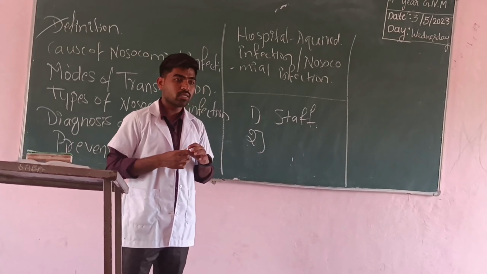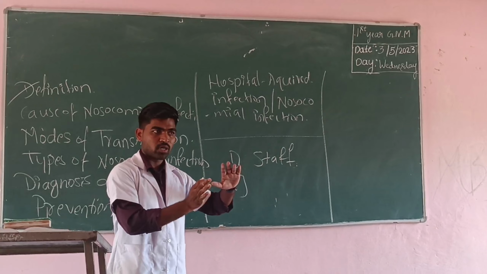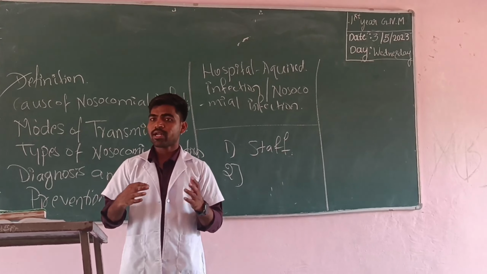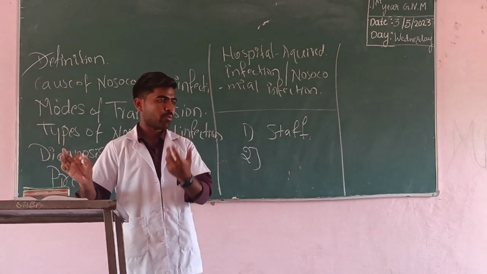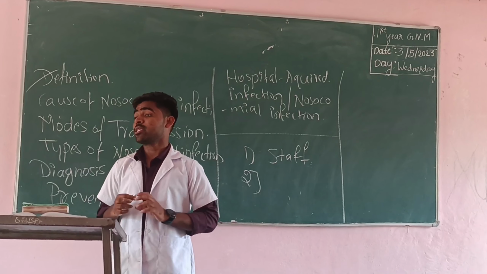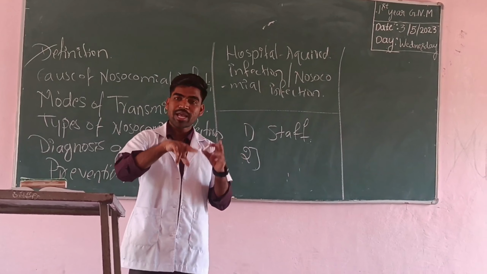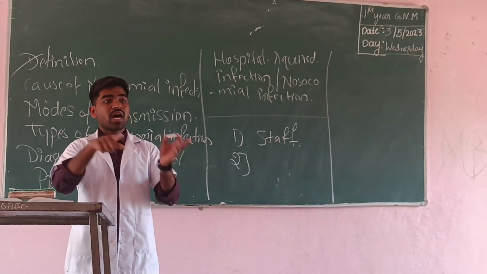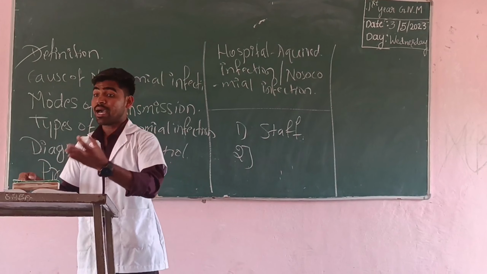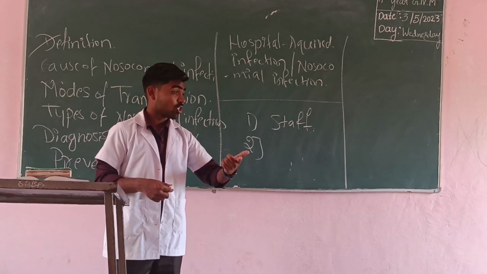Also the clothes. Whenever the patient wears clothes, in some hospitals there is color coding for the nurses, separate color clothes, and patients also wear some clothes. If they are contaminated, one patient wears the clothes and the same clothes go to a second person, so infection travels from one patient to another patient in the hospital.